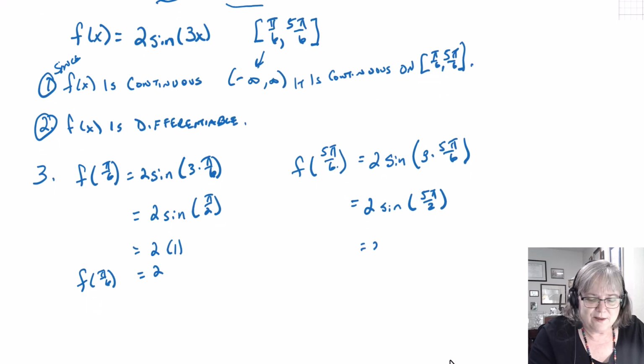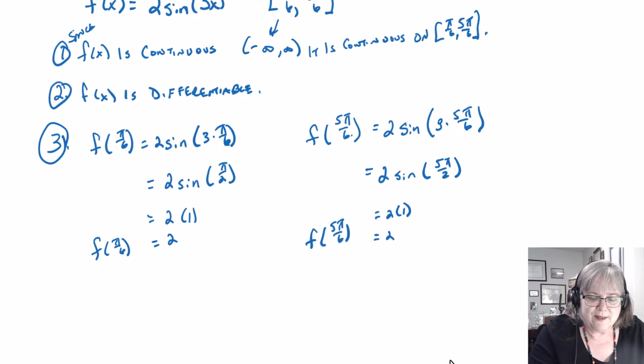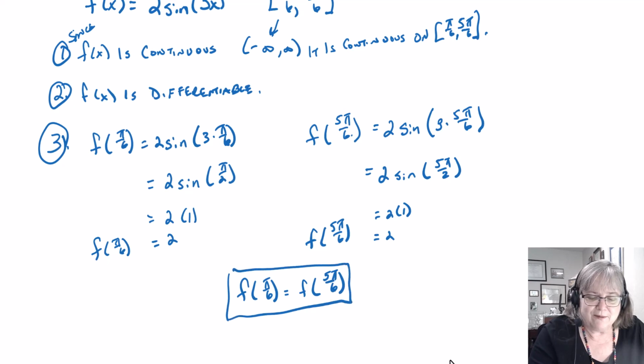And so this is 2 times 1. So this is 2 as well. So you can see that, yes, this is the third step. And you can see that f of pi over 6 is equal to f of 5 pi over 6, which I would also want to see you have actually written out as opposed to just leaving it there.